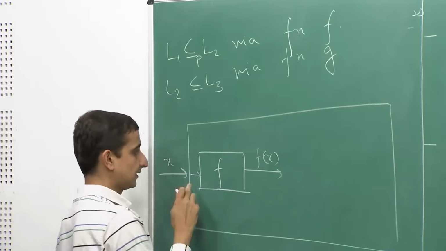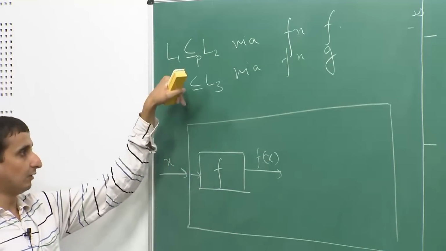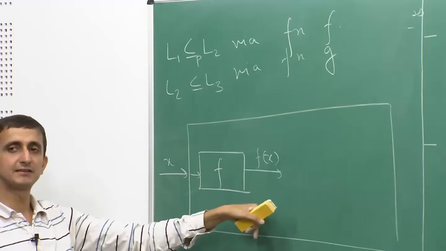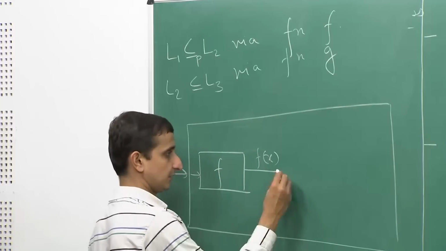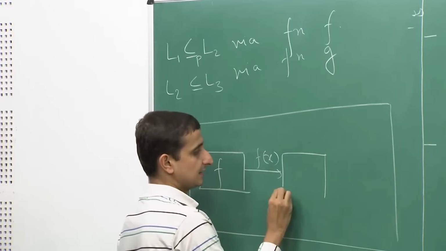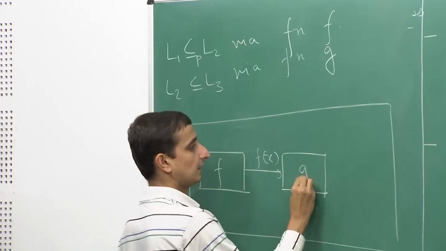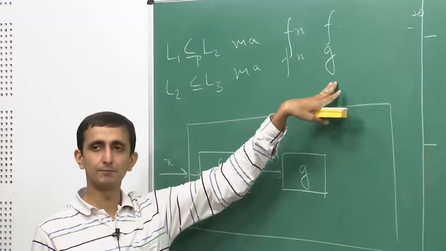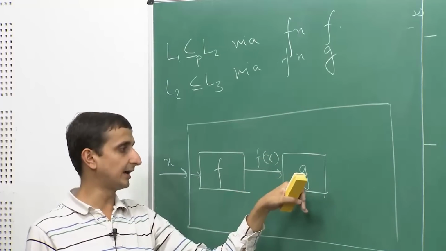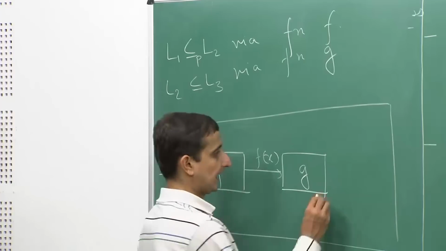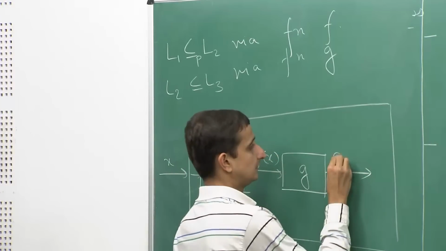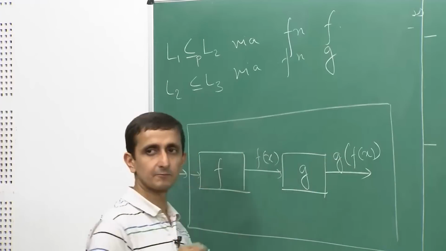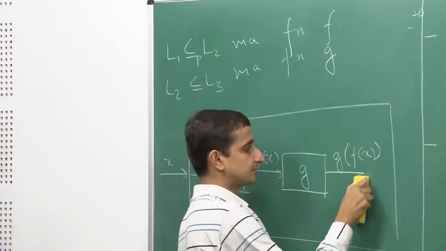Okay. So, observe that if x is in L1, then f of x is in L2, and if x is not in L1, then f of x is not in L2 by the definition of reduction. Now, I feed f of x to the box for g. So, g is also a polynomial time computable function. So, there is a polynomial time algorithm for g, and this will give me g of f of x, and I just output this as the answer.